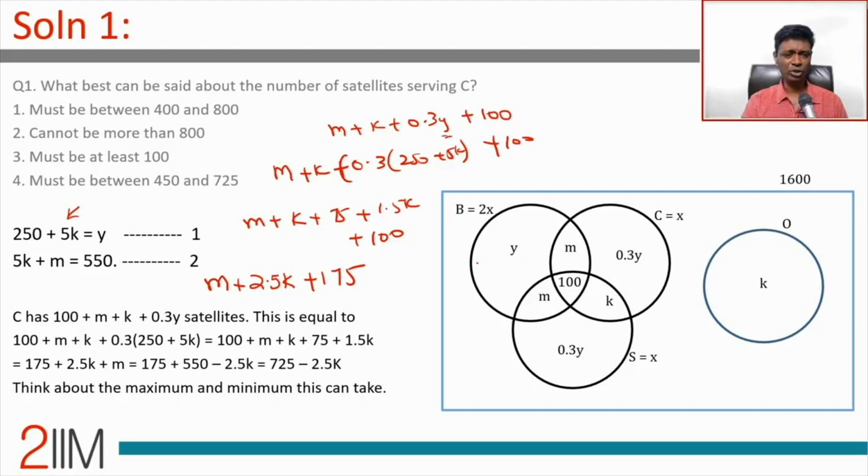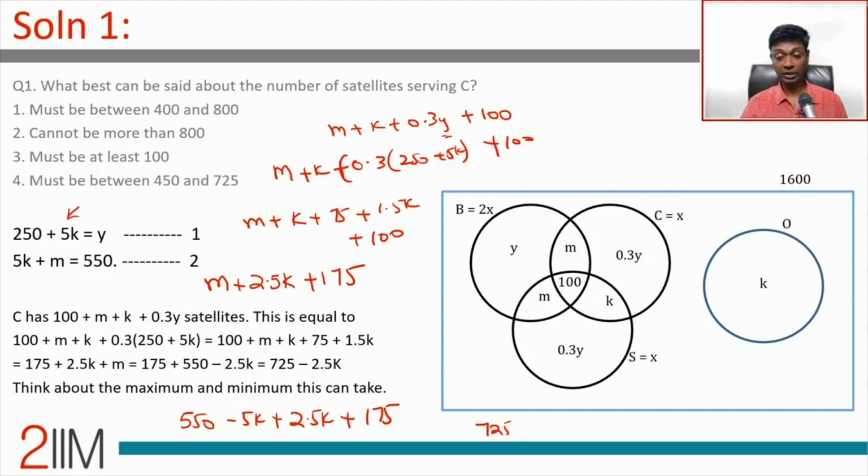Wonderful. But we have something linking m and k as well. M is 550 minus 5k. We can write that. So this is 550 minus 5k plus 2.5k plus 175. 550 plus 175, that is 725.